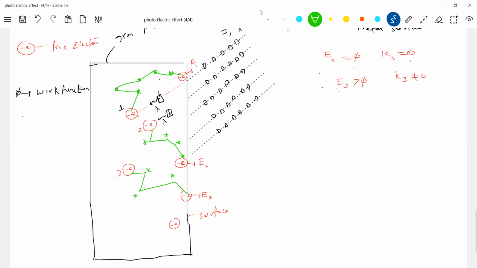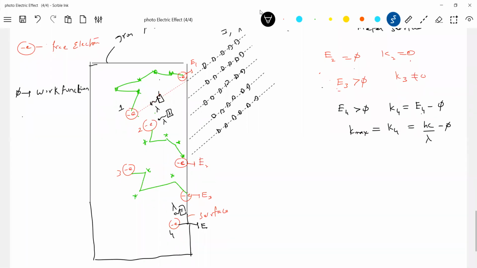The moment they interact with the photon, they will get energy. With that energy, they'll come out here. So when you look at this particular E4, it will be greater than work function. So when I calculate K4, the kinetic energy they acquired from the photon is the energy given by the photon minus work function. And what is E4? Energy of photon, hc by lambda. And this is the maximum.